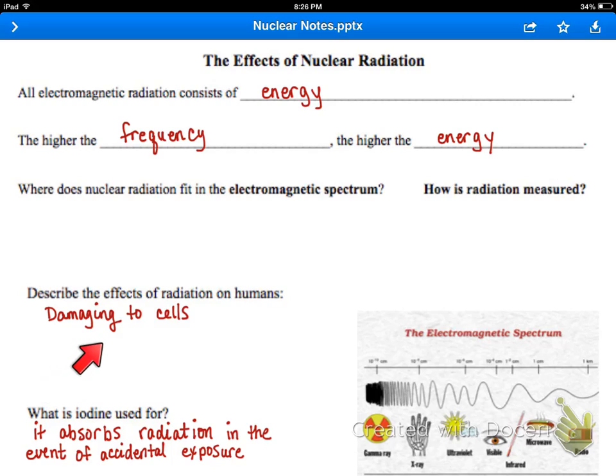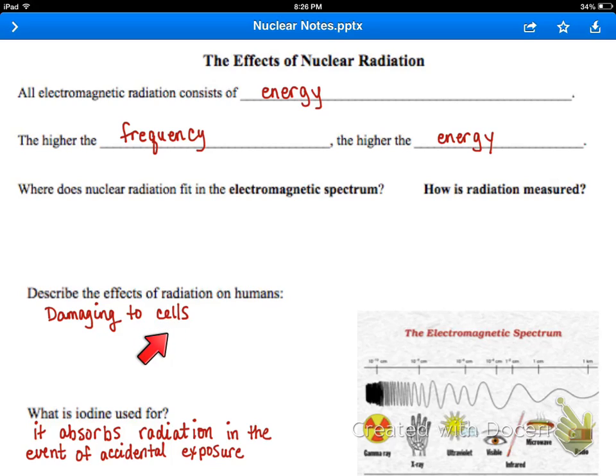Effects that radiation has on humans, there's lots of effects, but overall they all come down to they damage cells. They damage skin cells and growth cells. That's why people who are on radiation for cancer, the radiation kills the cancer cells, but it also kills hair cells and things like that.